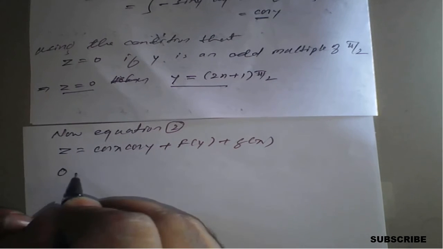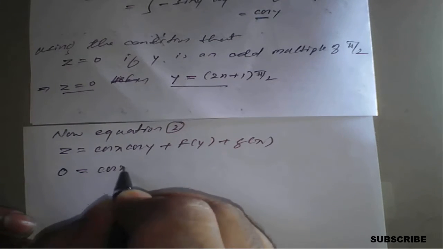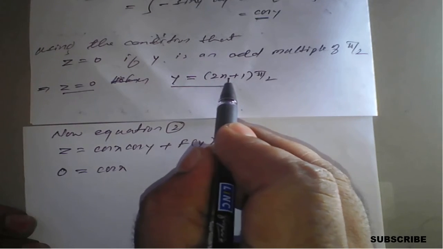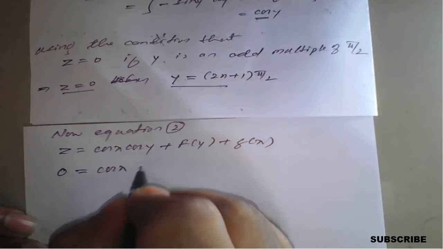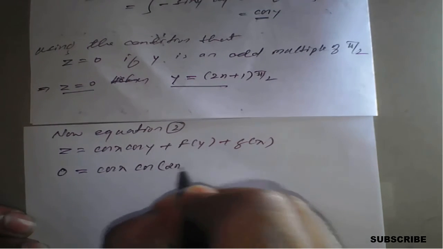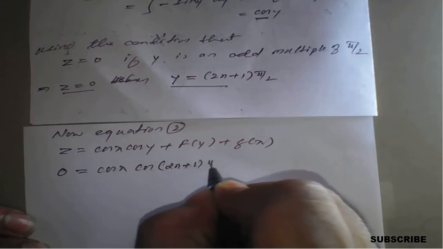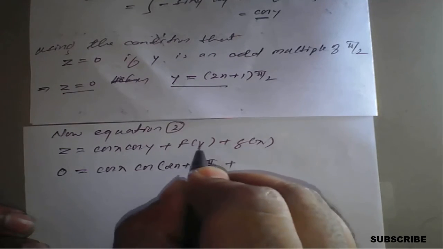When z is 0, apply 0 is equal to cos of x as it is, then cos of y, whose value is 2n plus 1 of pi by 2, so cos of 2n plus 1 of pi by 2, plus F of y.